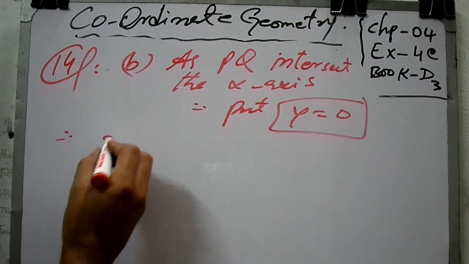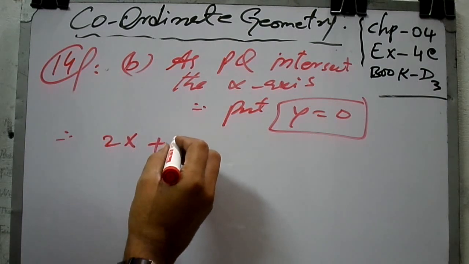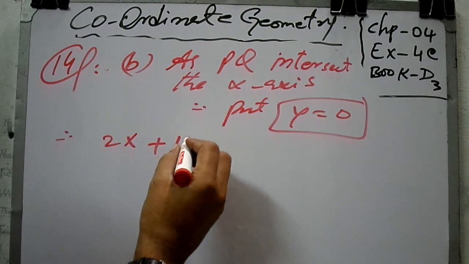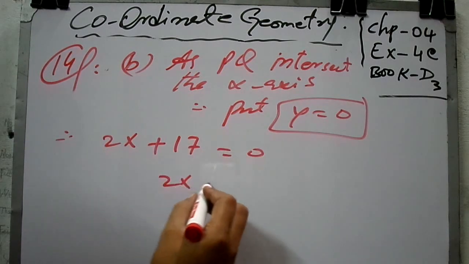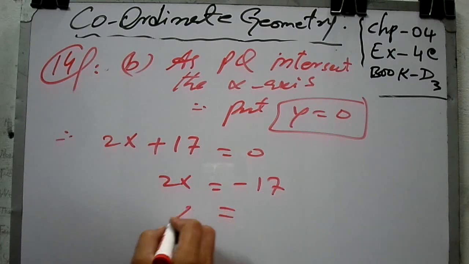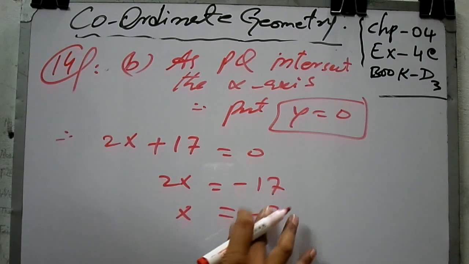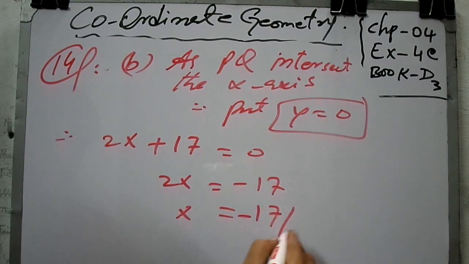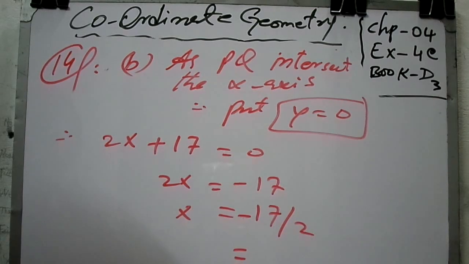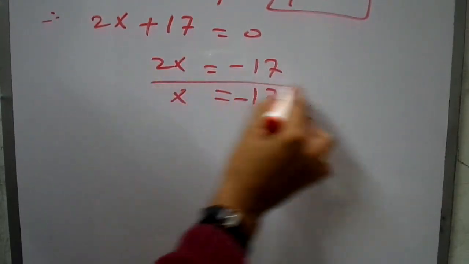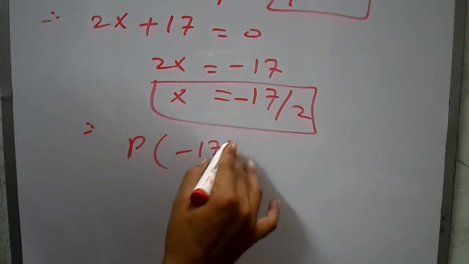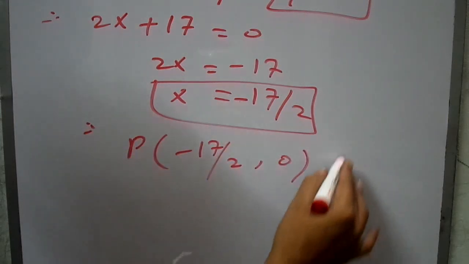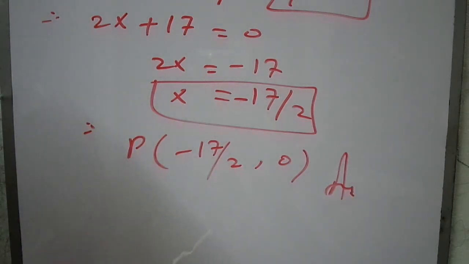Therefore in the previous equation, plus 17 is equal to 0, 2x is equal to minus 17, and the value of x is minus 17 divided by 2. So that is your value of x. So the point is minus 17 by 2, 0. That is your result.